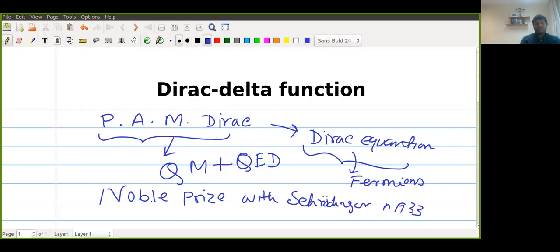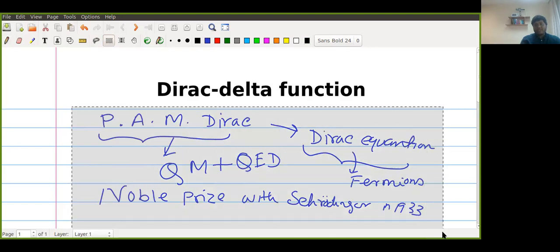So for us, the most important thing to remember is that we will discuss the Dirac delta function in detail, but first we have to know its main contributor. Dirac, in 1930, if I'm not wrong, when he formulated the mathematics of quantum mechanics, introduced this Dirac-delta function.